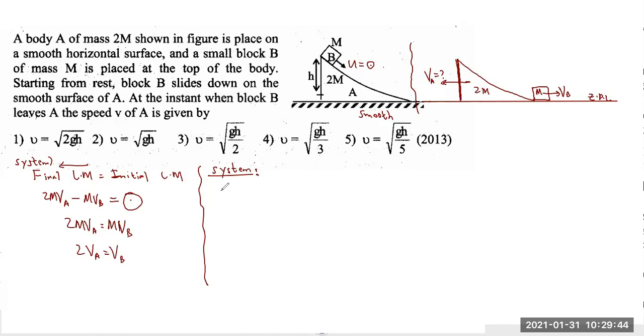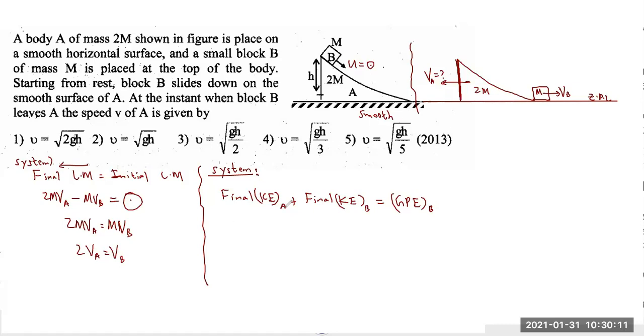So the equation should be final kinetic energy of A plus final kinetic energy of B. Those are the energies left in the system at this point. Initially, there's only one energy in the system, that is gravitational potential energy of B. You have to apply this to the whole system.